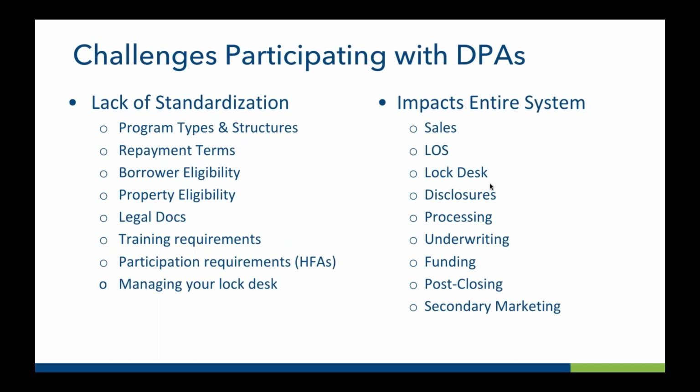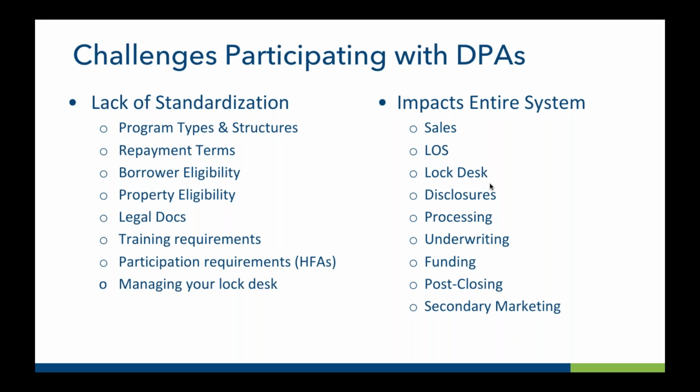And then, of course, there's just sort of the overarching challenge of lack of standardization that impacts your entire system. And that lack of standardization is felt in a number of ways, right? Program types are different, repayment terms are different, no two DPAs are the same. There are so many different structures out there for down payment assistance.